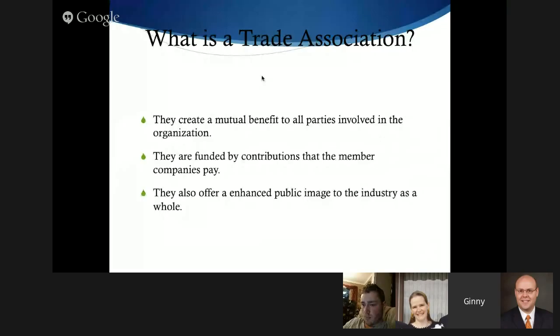A lot of people would call those trade associations. We're going to use the term advocacy organization, because they're advocating on behalf of an industry. It's not really a profession, right? A hospital is not a profession. It's an entity, and the hospital organizations come together to advocate for their industry as a whole.